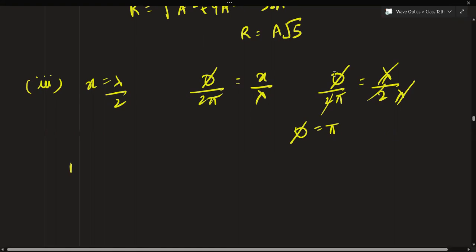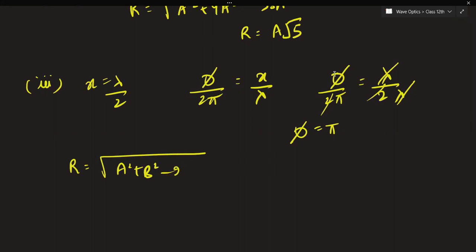So the resultant amplitude equation will be A squared plus B squared minus 2AB. We had A squared plus B squared plus 2AB cos phi, and since phi was 180 degrees, cos phi is minus 1.